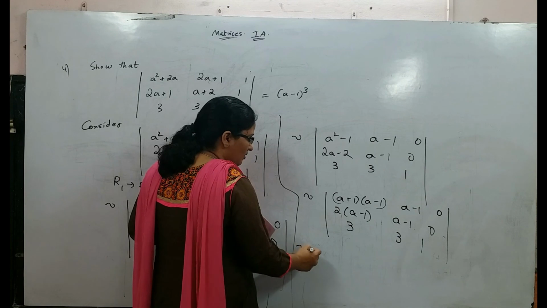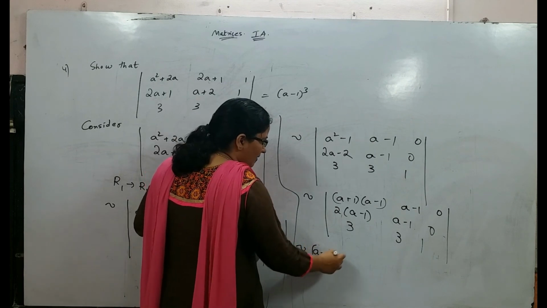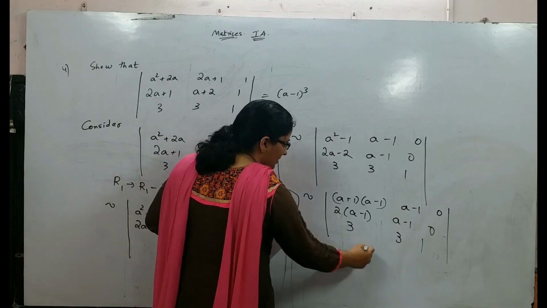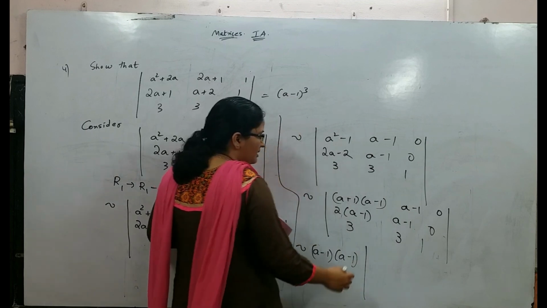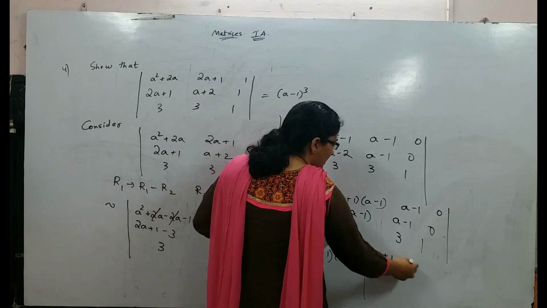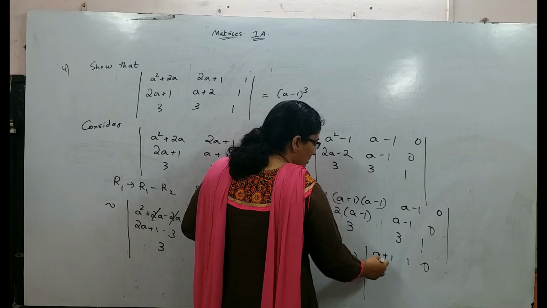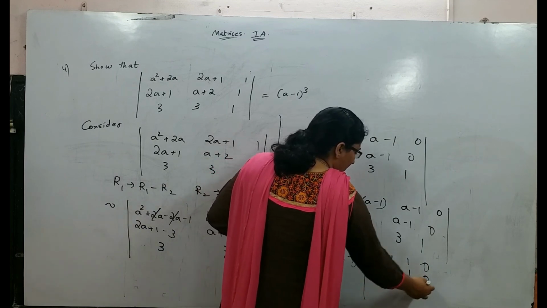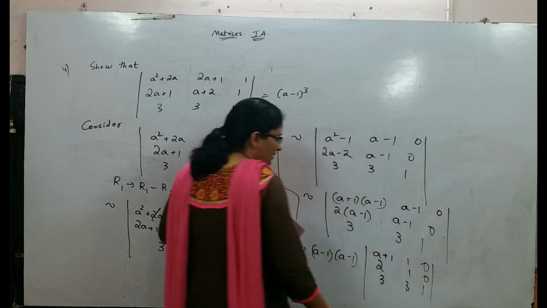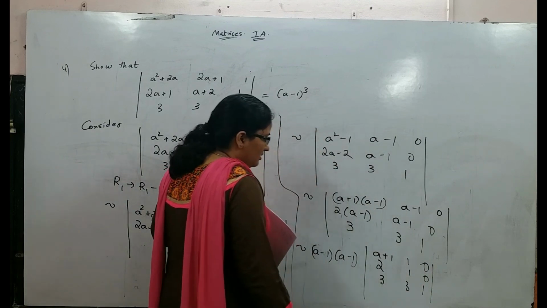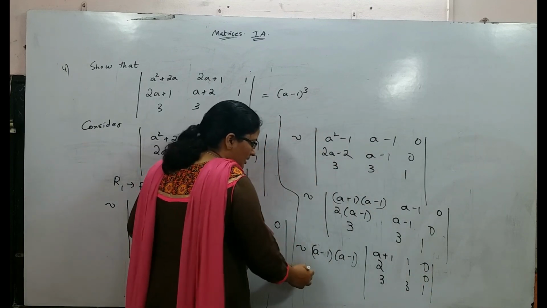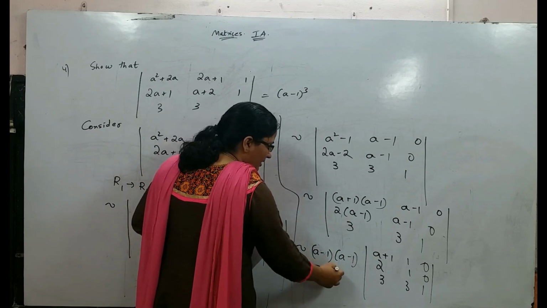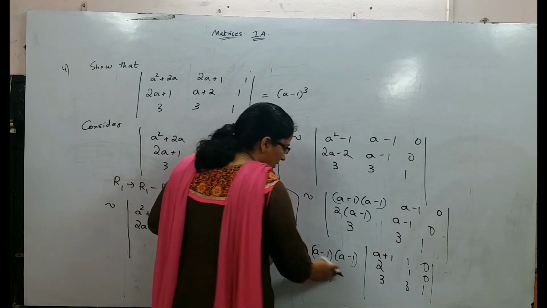So from the first row you can take a minus 1 out. In the second row also you can take a minus 1 out. Remaining thing is a plus 1, 1, 0; 2, 1, 0; 3, 3, 1. So what do you have here? a minus 1 whole square into the remaining part.